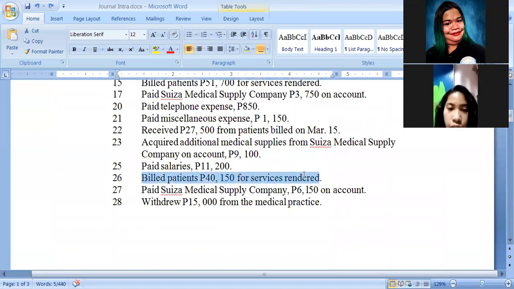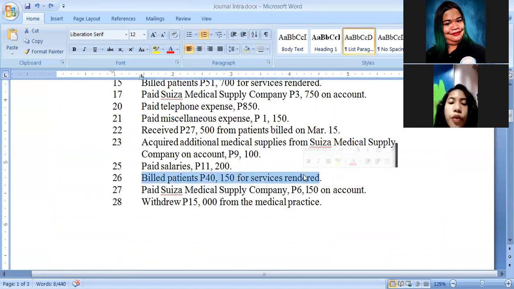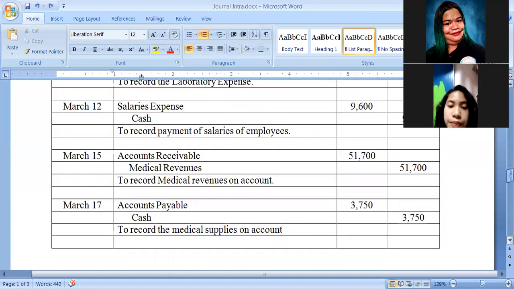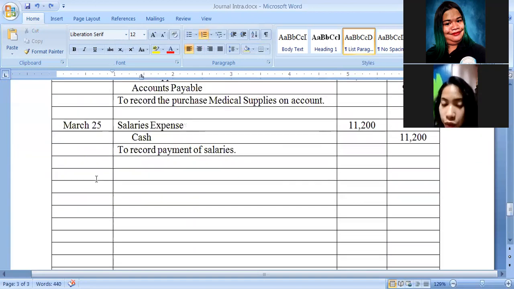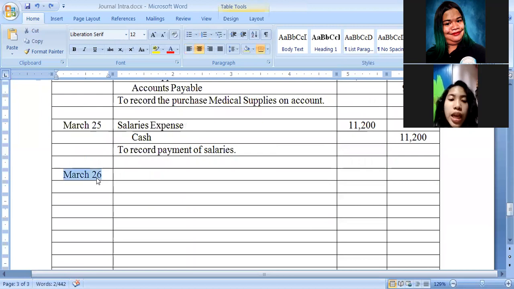On March 26, billed patients 40,150 pesos for service rendered. So ni-bill daw siya mga patients og 40,150 sa ato ang services. Same sa ato ang principle before, we have to put first the date, which is the March 26.